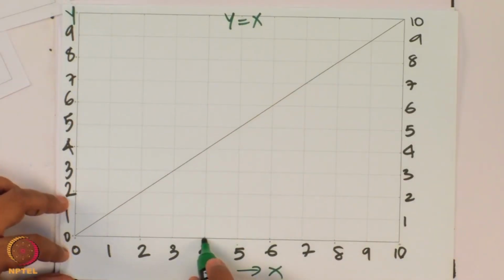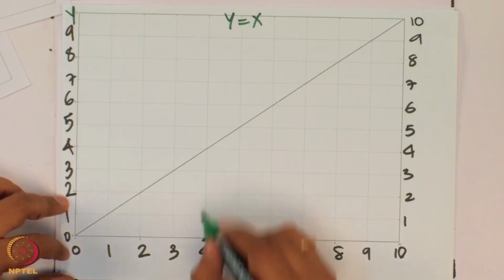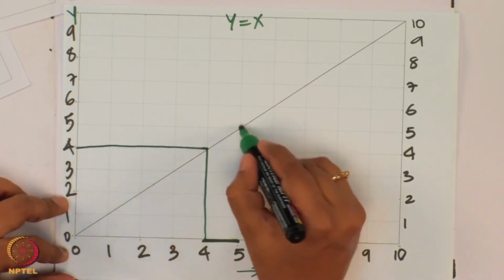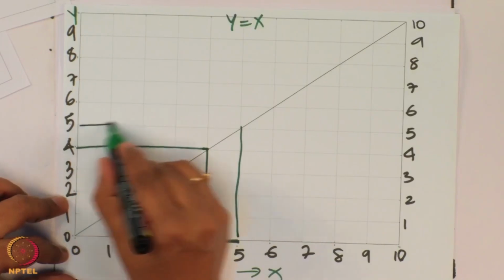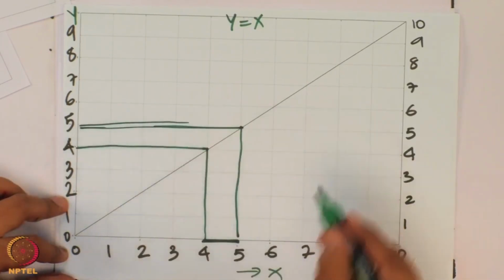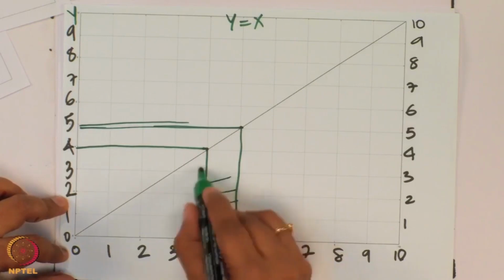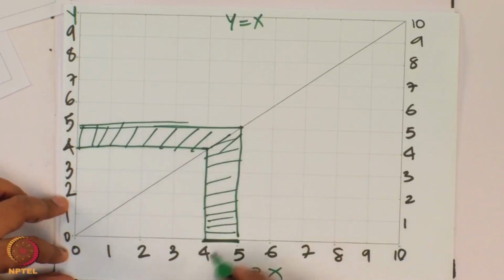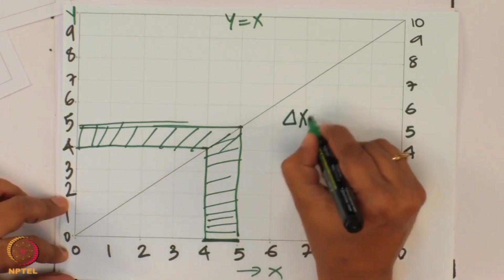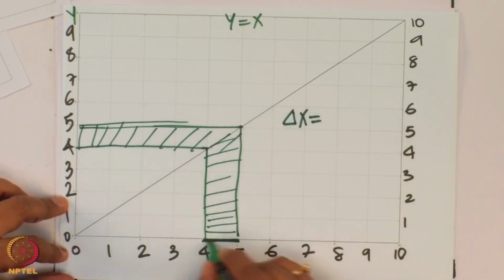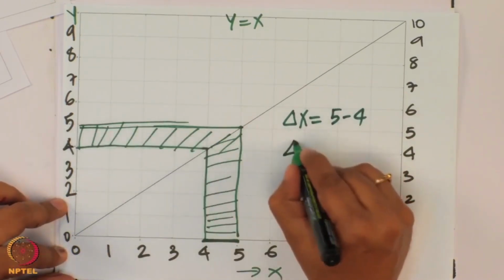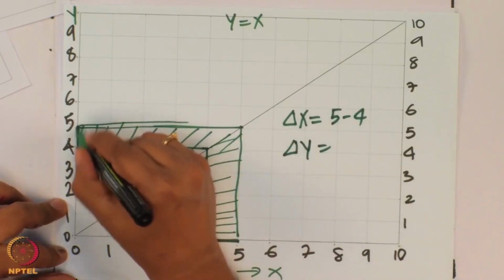If I take x between 4 and 5, the corresponding y values are also 4 and 5. So delta x is this difference, that is 5 minus 4, and delta y is also 5 minus 4, this difference.